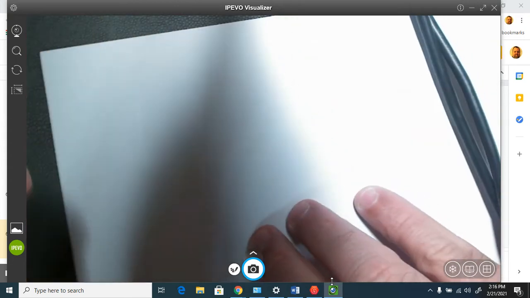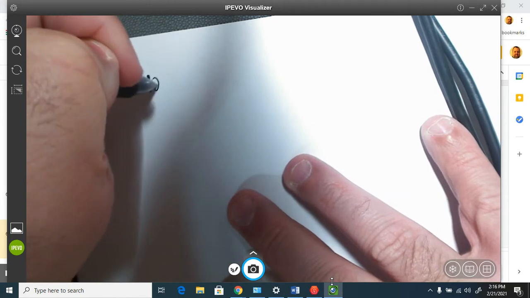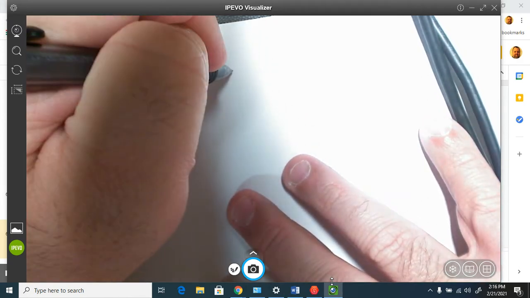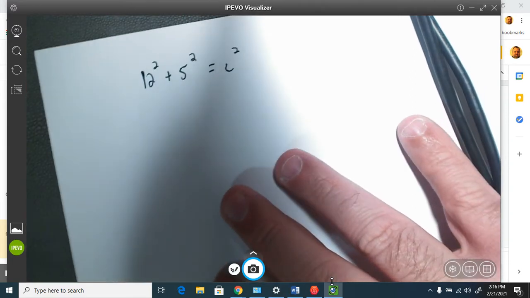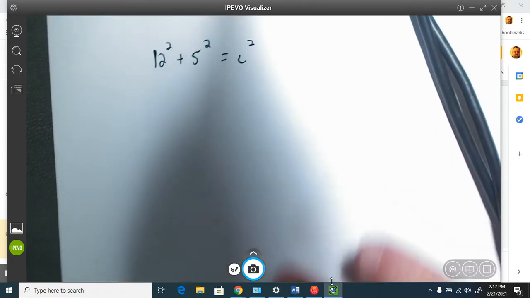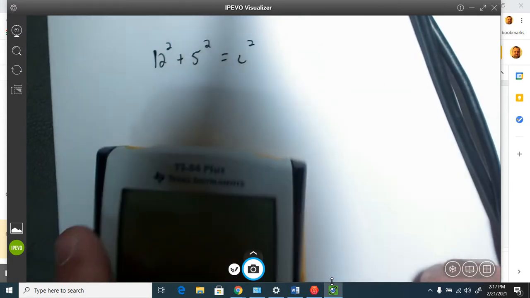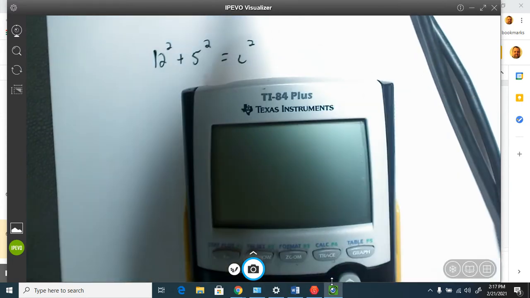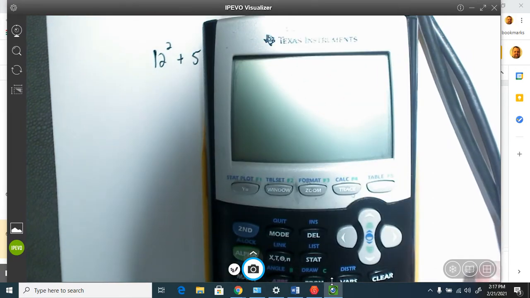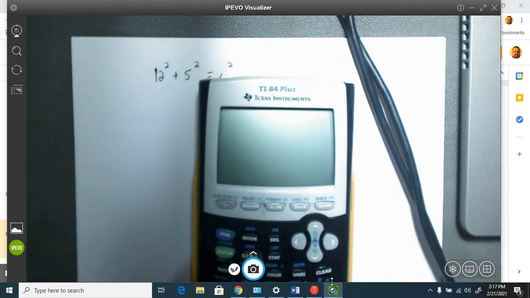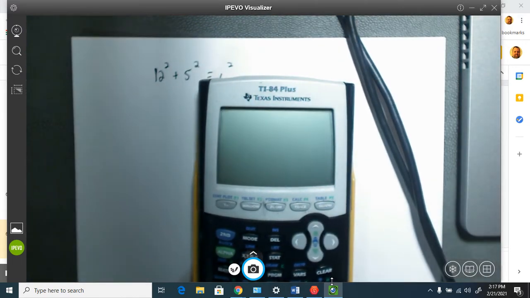My legs were 12 and 5, and that equals c squared. Now, today you're going to want to use your calculator quite a bit, your TI-84 calculator on your Chromebook. It's going to be very helpful. Let me raise this up a little bit so you can see it better.